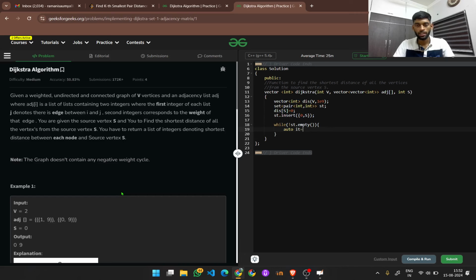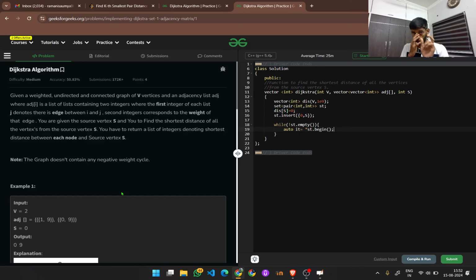So auto it equal to st dot begin, because st dot begin means the shortest distance we will be having, and if the distances are equal, it will be comparing the right hand side, which are the nodes.